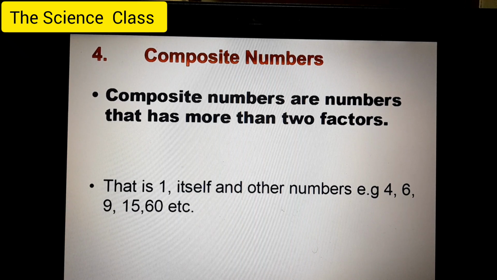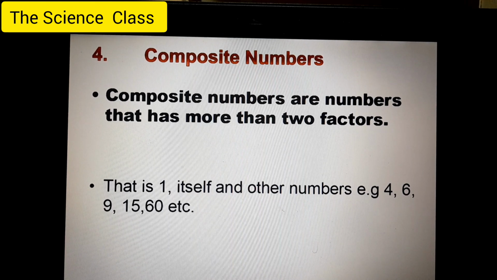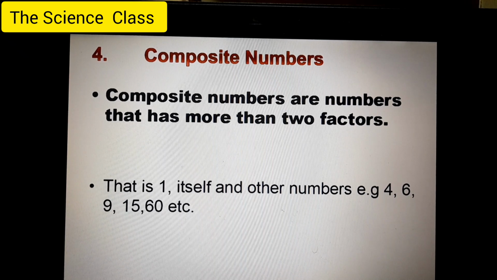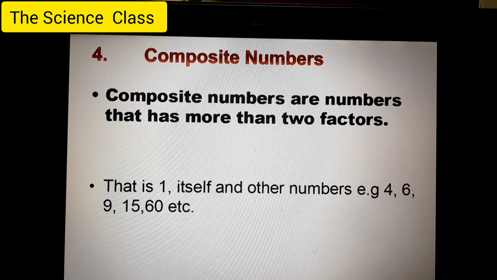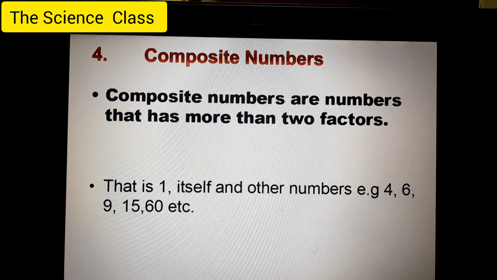Composite numbers have more than 2 factors, that is 1, itself, and other numbers, e.g. 4, 6, 9, 15, 60, etc. For example, 4 has a factor of 1, a factor of 4, and a factor of 2. So that makes it a composite number.